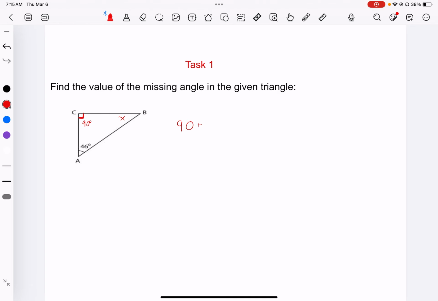So 90 plus 46 plus X is equal to 180 degrees. 90 plus 46 is 136, plus X equals 180. Subtract 136 from each side, and X is equal to 44. So the measure of angle B is equal to 44 degrees.